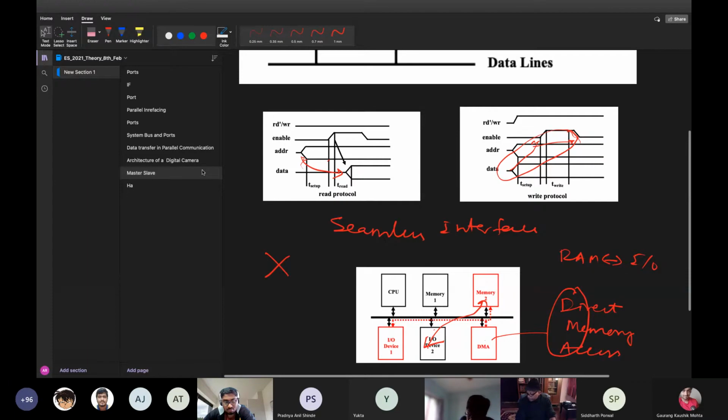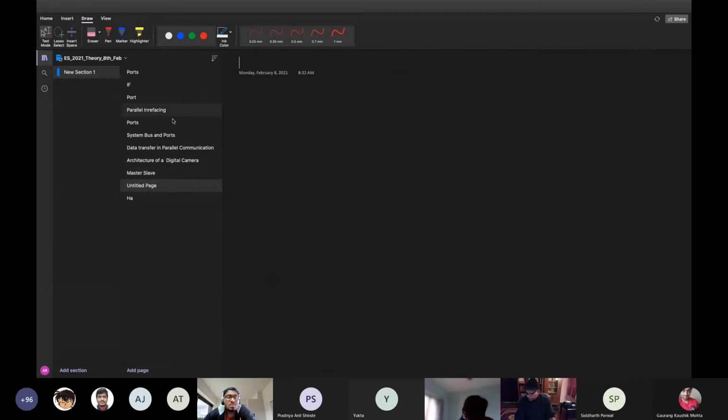It is there everywhere. In the internet also handshaking is there, right? In the Internet Protocol, TCP/IP, the handshaking is inbuilt.